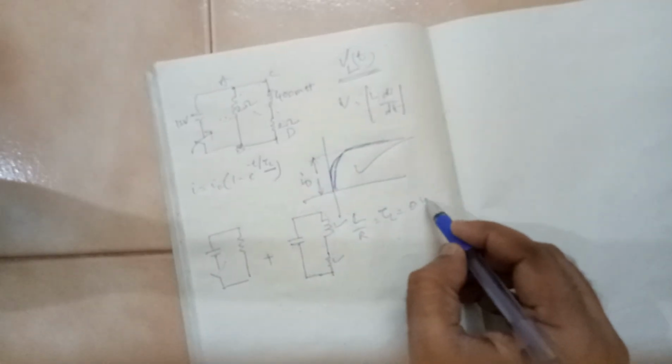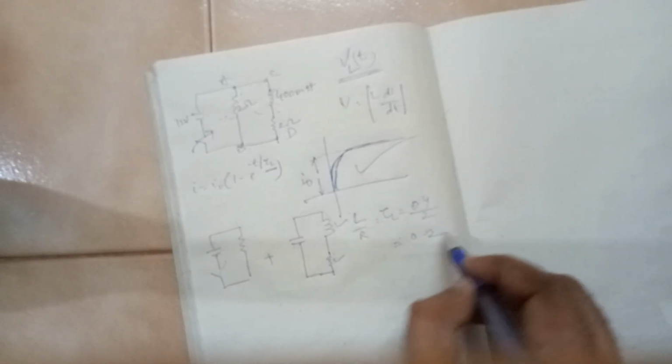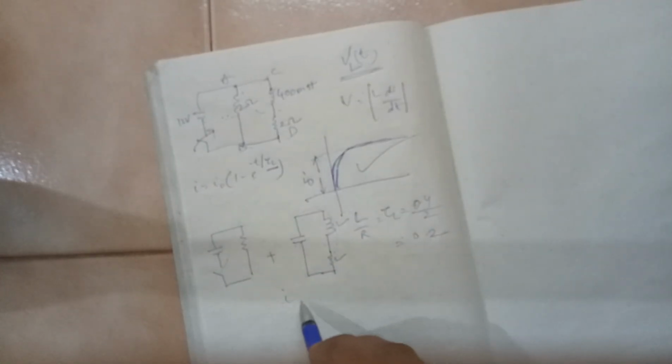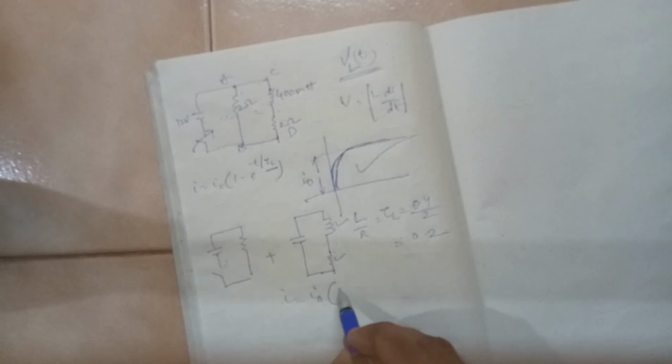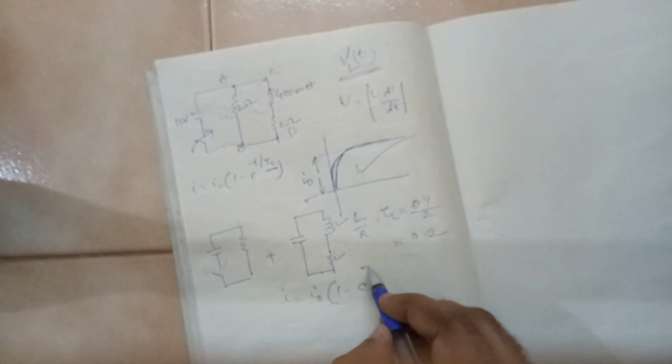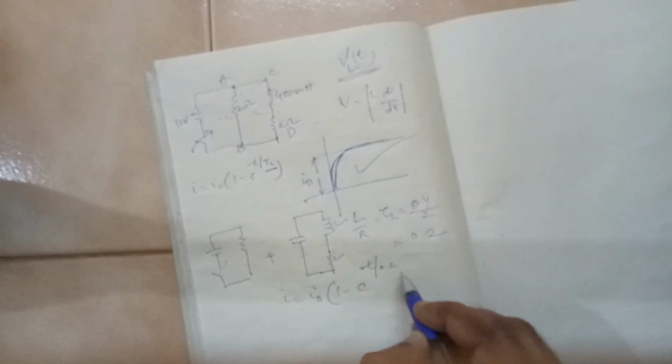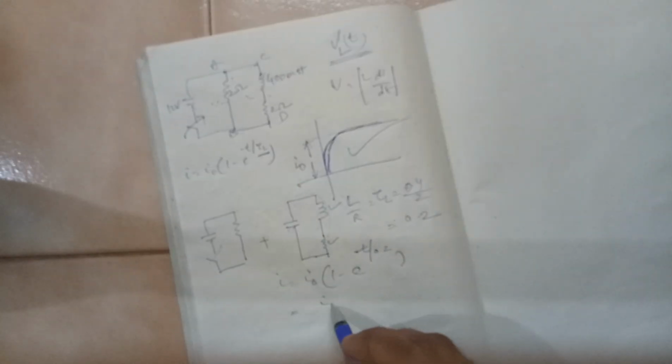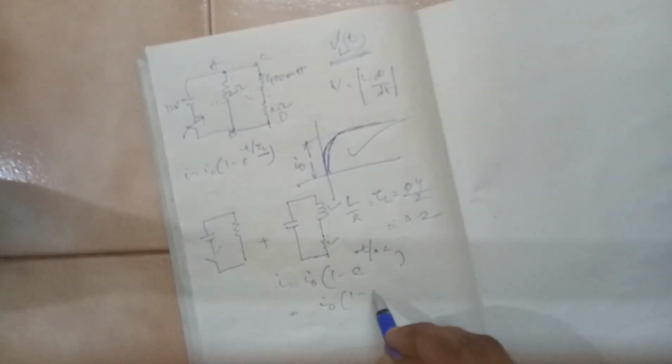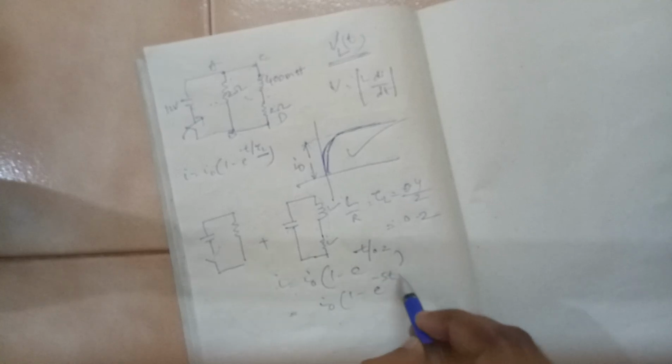It is 0.4 by 2, 0.2. So I will be equal to I0 into 1 minus e power minus t divided by 0.2, which is nothing but I is I0 into 1 minus e power minus 5t.